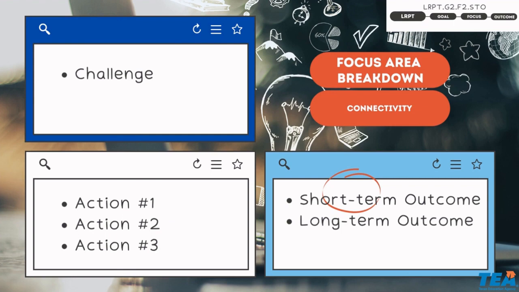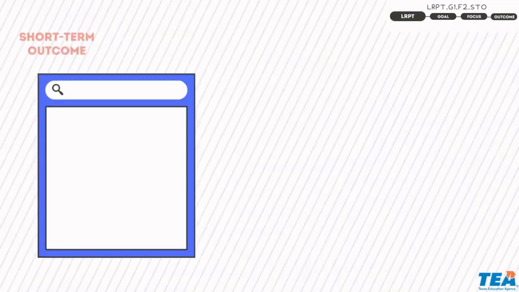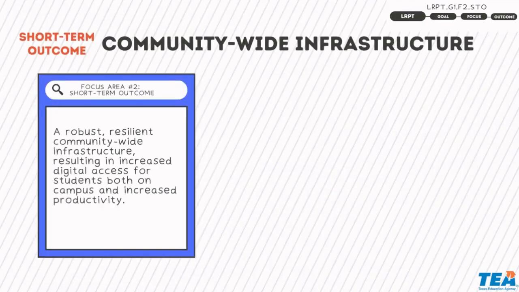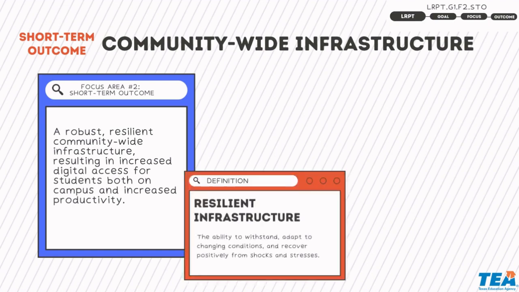Now that we understand the challenge and have some actionable ideas, let's look at outcomes. The short-term outcome of focusing on connectivity is a robust, resilient, community-wide infrastructure, resulting in increased digital access and increased productivity.